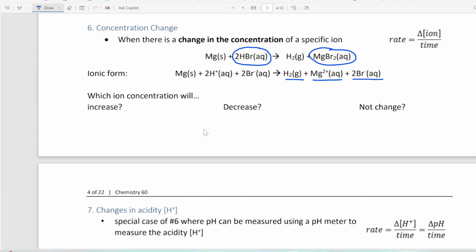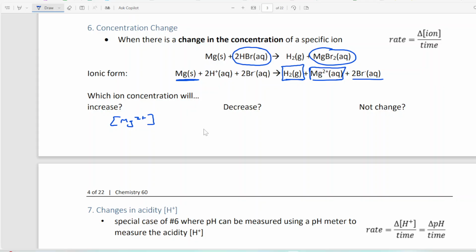So what's going to happen over time? Well, there's ion changes. Magnesium starts out as a solid and then it's being produced as an ion, which means the concentration of magnesium would increase over time. What ion would decrease? Well, is there something that is present on the left as an ion and not on the right? Well, look at hydrogen.